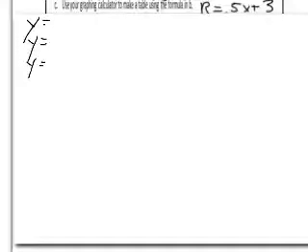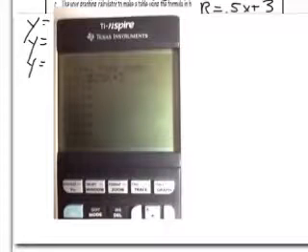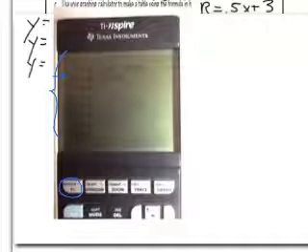So on the calculator, push the y. I'll show you a picture of it. You push this button, y, and this screen appears here. And in there for y1, you're going to put 0.5x plus 3.